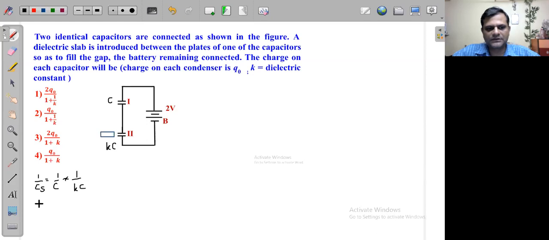So we can have 1 upon Cs equal to, multiplying and dividing by K, K plus 1 upon KC, correct? And if we take the reciprocal on both sides, we obtain the capacitance of the series combination, which is KC upon K plus 1, correct? So this is the effective capacity.